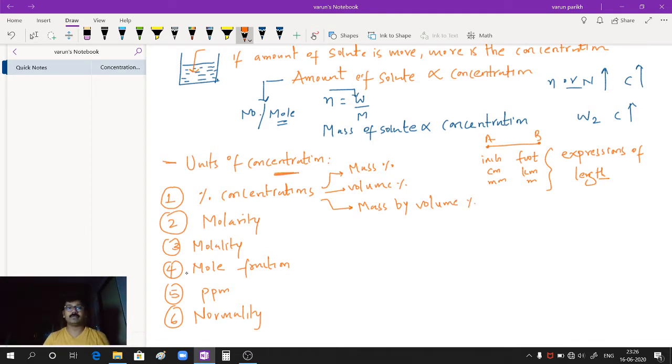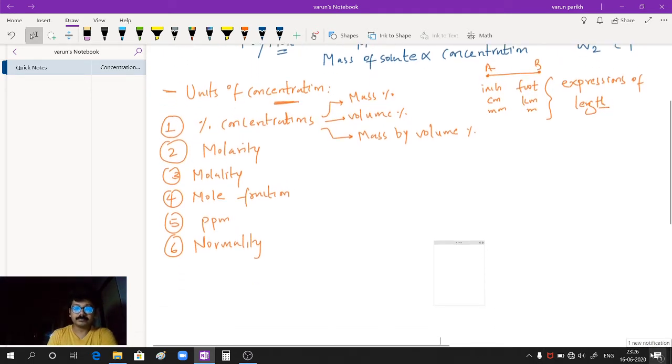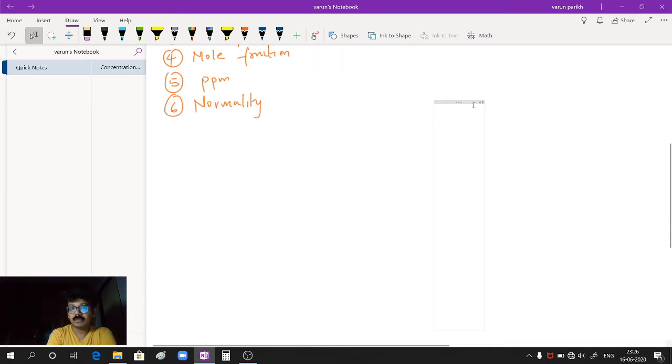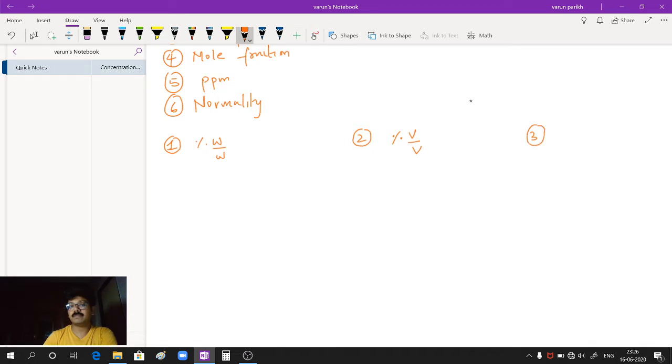Let's understand mass percentage first. Mass percentage is represented by percentage W by W. Volume percentage is represented by percentage V by V. And mass by volume is represented by percentage W by V.